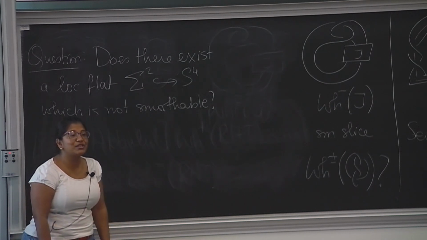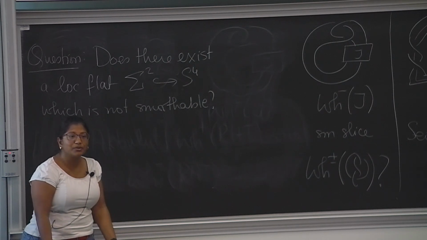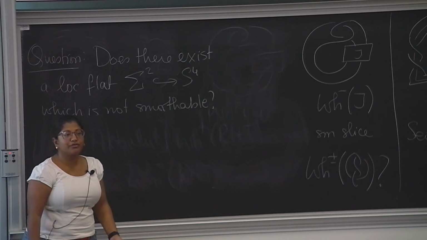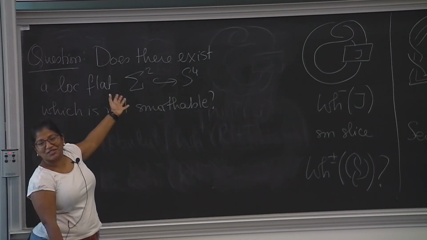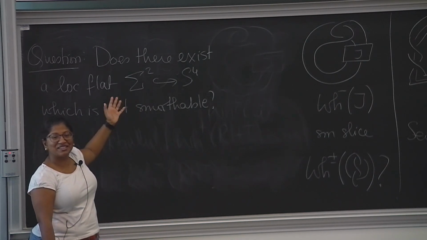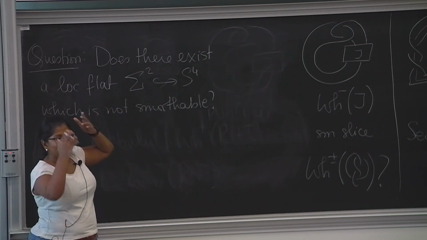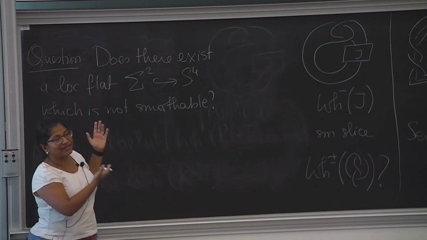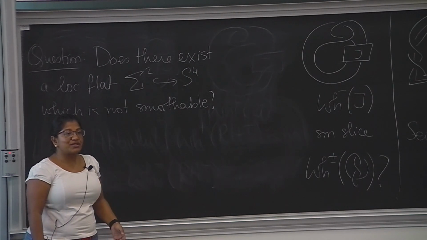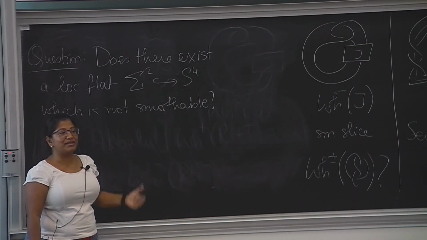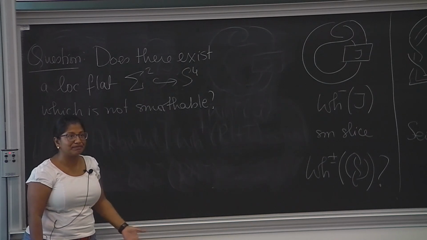So there are S3s in S5 that are not smoothable. That's a result of Lashof from the 70s. But I didn't know that this was open until very recently. And this is part of why it's very surprising to me that it is still open. And as we talk about uniqueness results, maybe you can think about why this is so difficult.